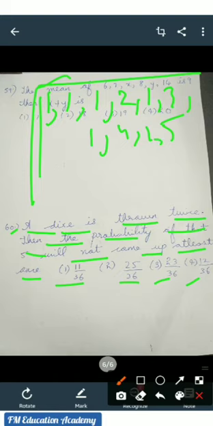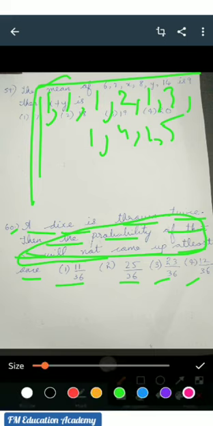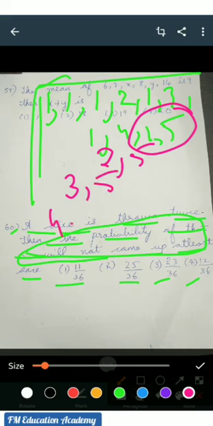So what we should do here is, in whichever row or column we are having 5, because it is telling 5 will not come up at least once, it should not be there either one time or two times. So we have to remove that. So from 1,5, then similarly here you will have 2,5, 3,5, 4,5, 5,5, 6,5.